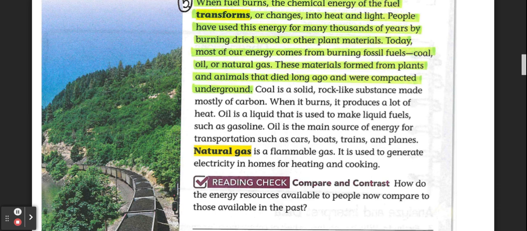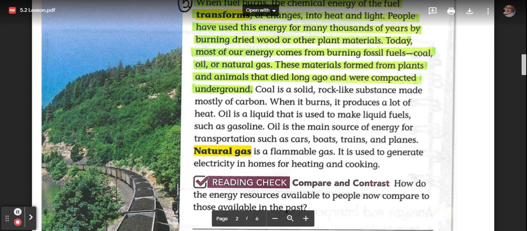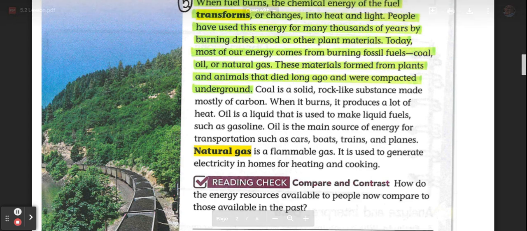And so it turns into this rock substance like coal, or it could be into the liquid form of oil, which then turns into gasoline. And as you can see, gasoline and oil, this is what makes our trains and cars and boats and the airplanes in the sky all kind of move.